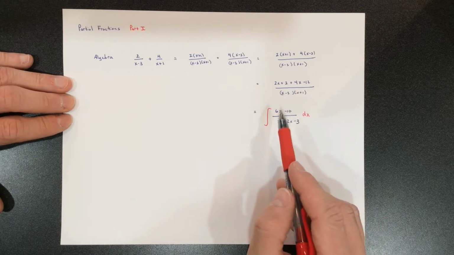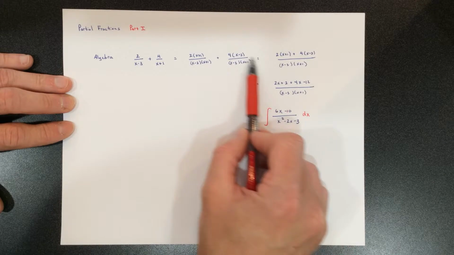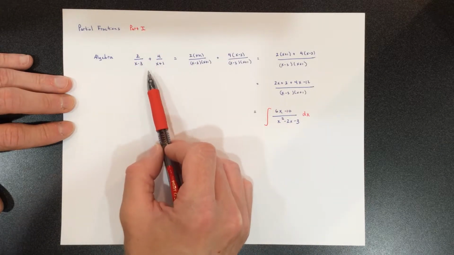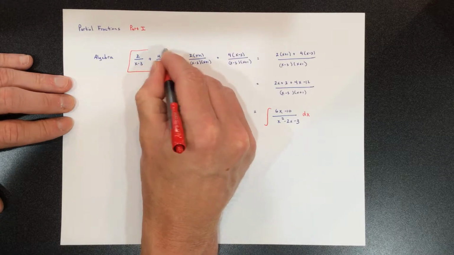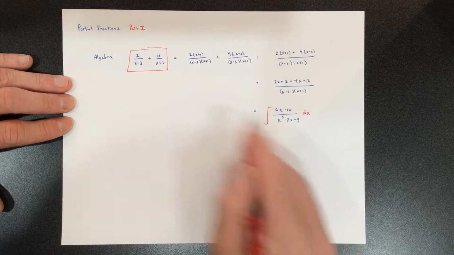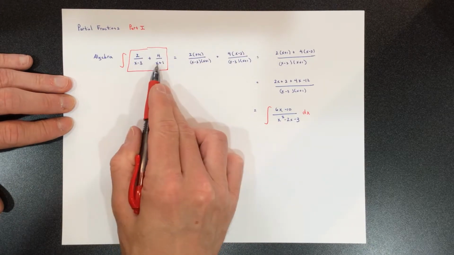And the key to partial fractions is it's going to take this and go the opposite direction and find these guys. Remember, the goal of partial fractions, instead of integrating this, is to integrate those. These are really easy integrals.